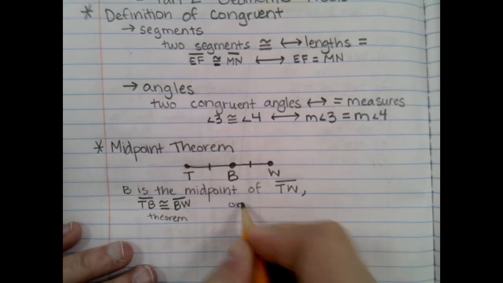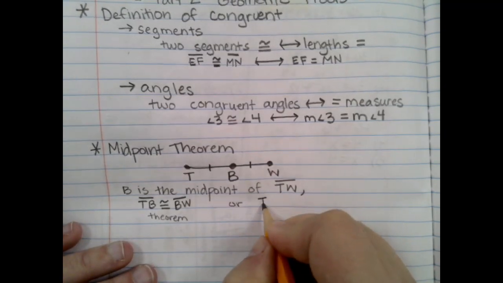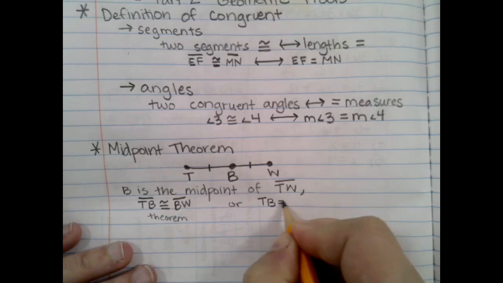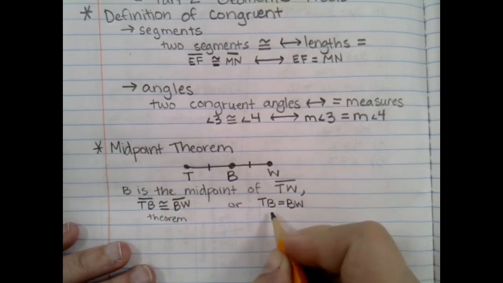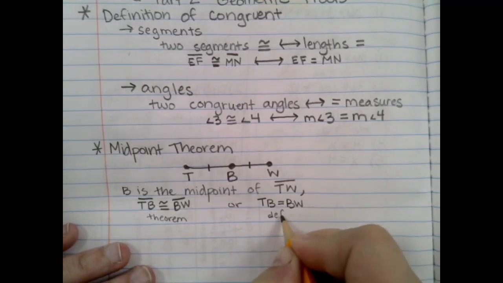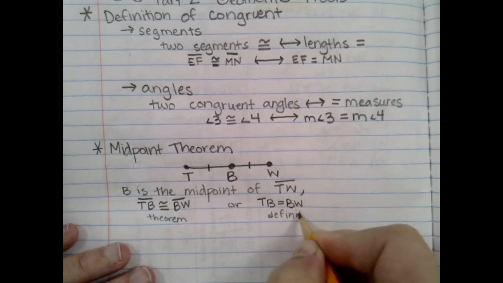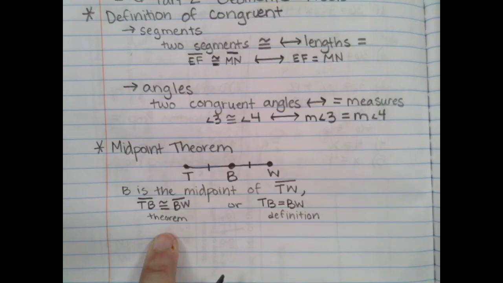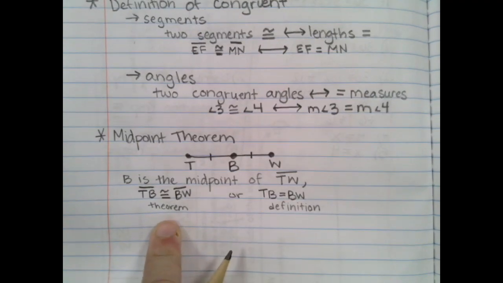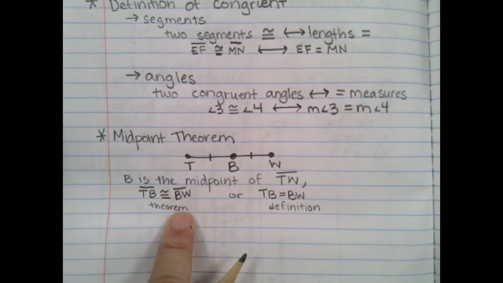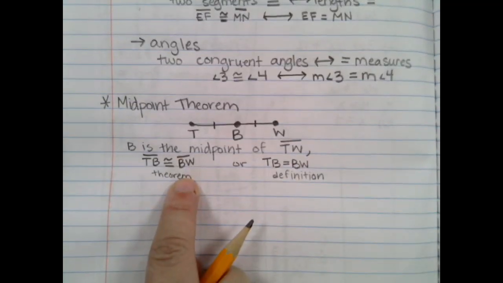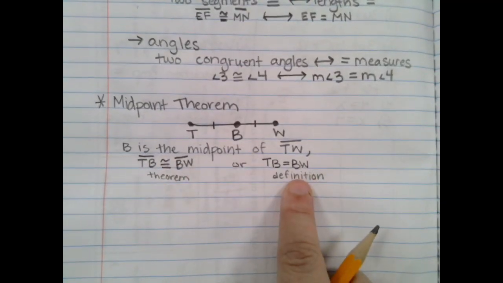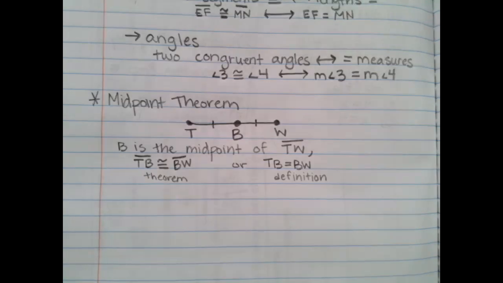Or we can jump to saying TB equals BW, but that would be our definition. So depending on what we're working with, sometimes we're going to use our theorem if we're just working in congruent symbols. We'll use our midpoint theorem, saying TB is congruent to BW. Or if we need to work with equations, we might just jump straight to TB equals BW.